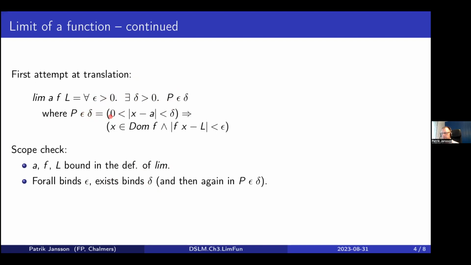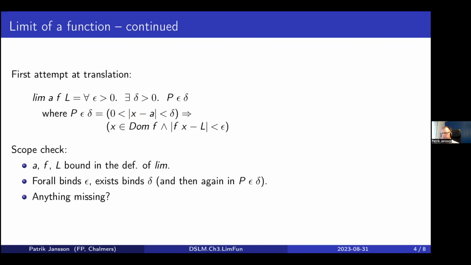So in here, we bound a, f, L, epsilon, and delta. And then we should check, is there anything left? Is there anything missing? If we try to see, got 0, well, that's well-defined. Less than is well-defined. This is the absolute value. That's well-defined. Subtraction is well-defined. But what is x?